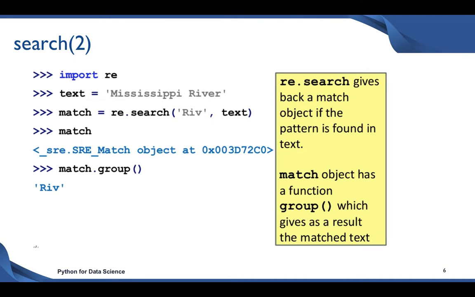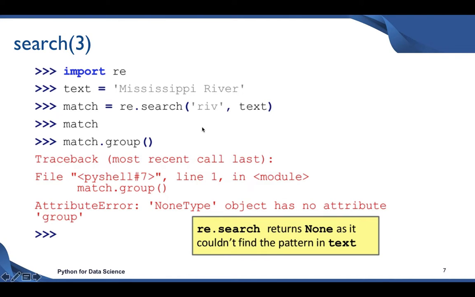Here this is case sensitive. So instead of RIV, I have written small riv, and the match will give you None type, because that is not matched, and it will not give you the object back, it will return None.